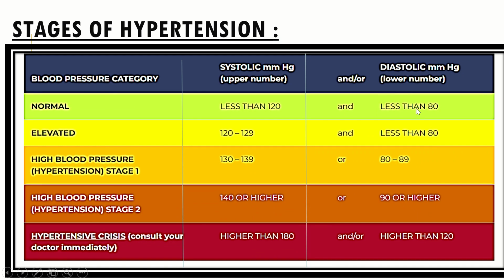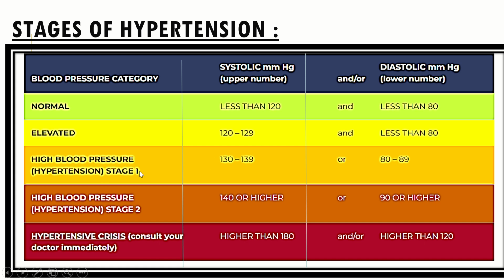Then there is elevated blood pressure, a slight elevation above the normal level, where the systolic is 120 to 129 and the diastolic, when the heart relaxes, is still less than 80. The upper number is the systolic blood pressure and the lower number is the diastolic blood pressure. Systolic is the contraction and diastolic is the relaxation.